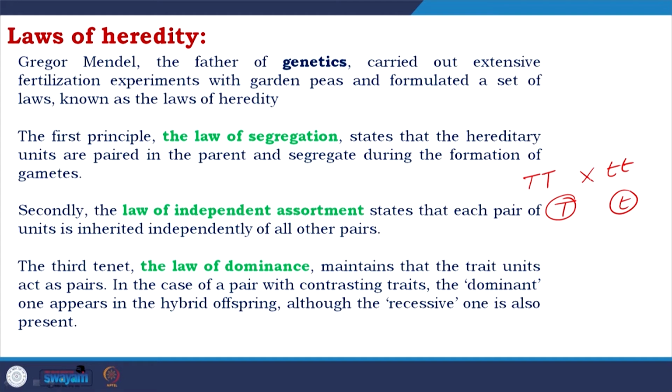In the case of a pair with contrasting traits, the dominant one appears in the hybrid offspring, although the recessive one is also present. Like if you see here, there is a trait big T and a small t, where big T is tall and small t is short. So, they give Tt, and all these are tall. So, the dominant trait is working here.